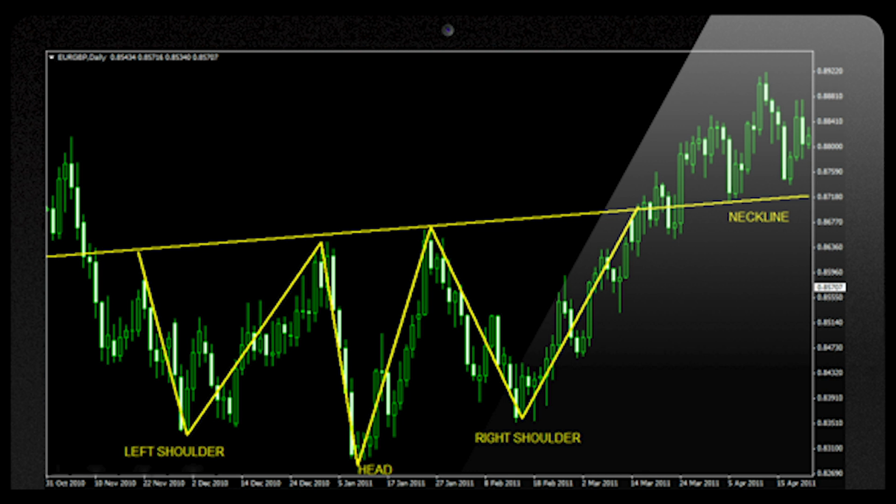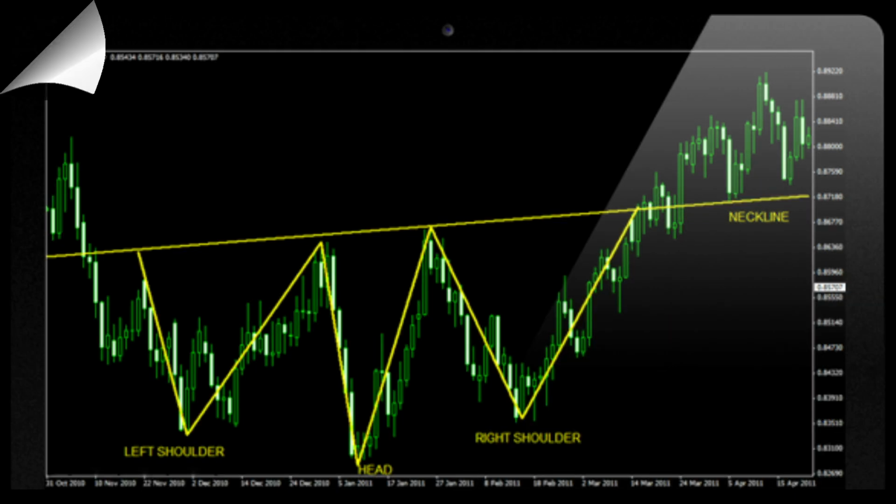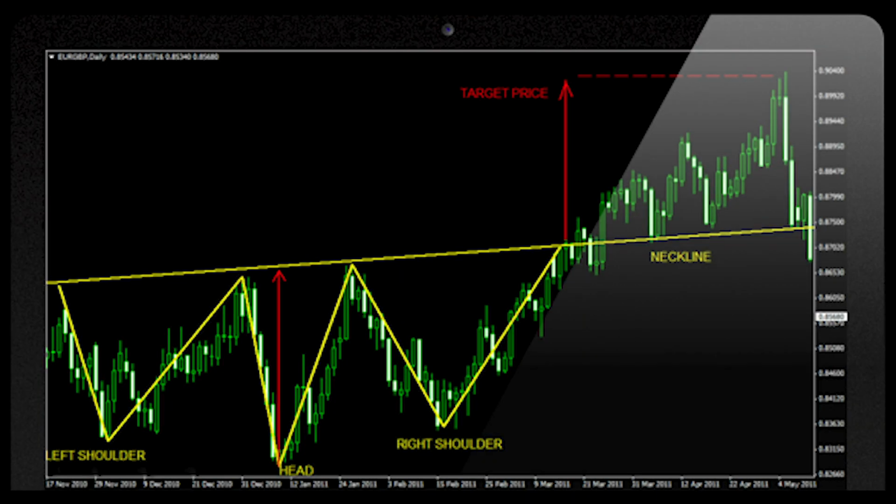Then prices penetrated the neckline to reverse to an uptrend. Now notice how prices found support at the neckline level. A buy position could be entered at the breakout point from the neckline, or what is highly recommended is a buy position could be entered for the retest of the neckline, something we will get into in the next chapter.